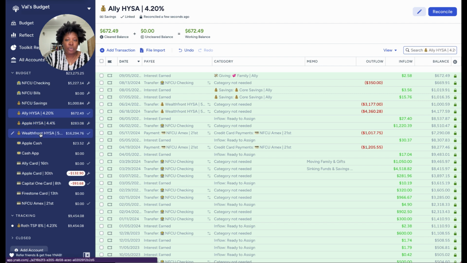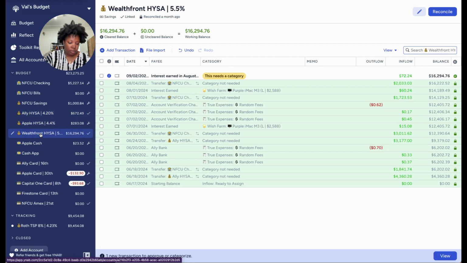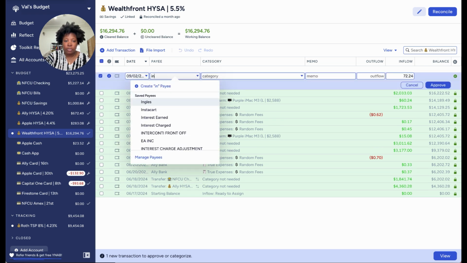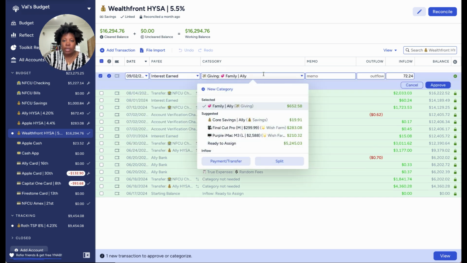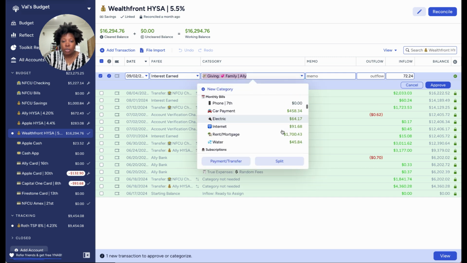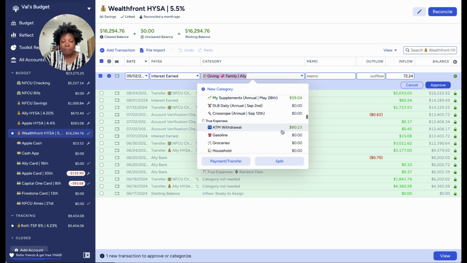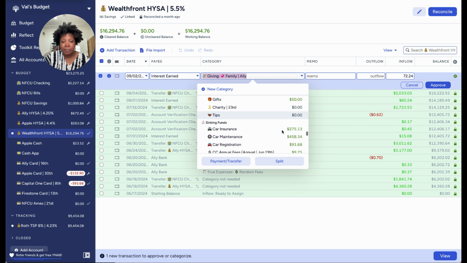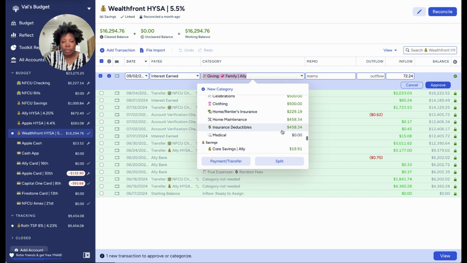And now we'll go to my Wealthfront account. The last one. So the only transaction we have here is my interest earned for August. So let's name this interest earned. And this is going to be to one of my sinking funds.